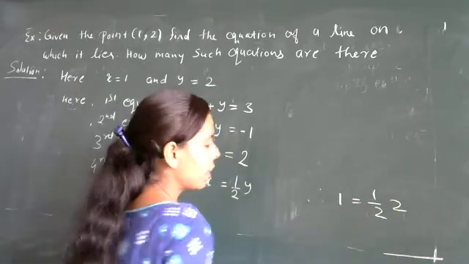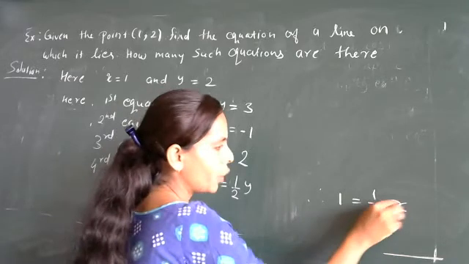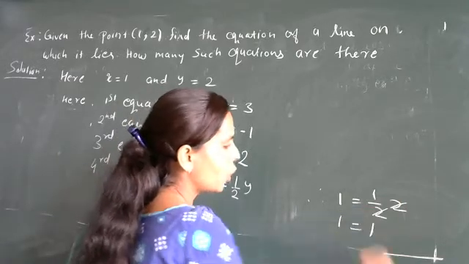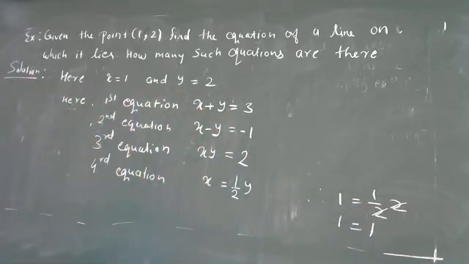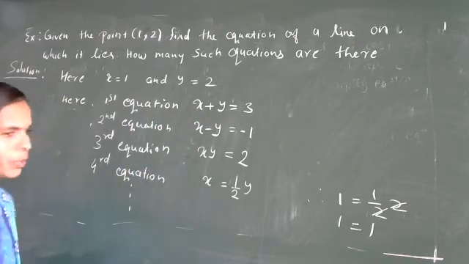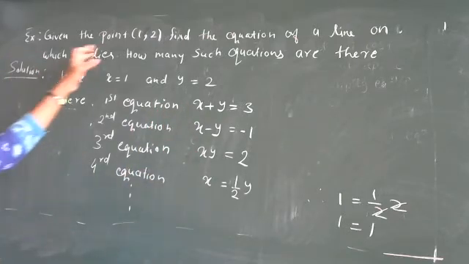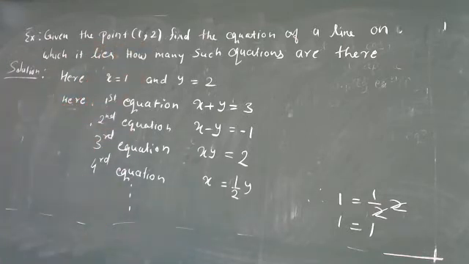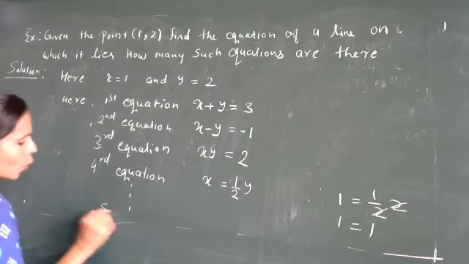If you take it in this way, 2 will get cancelled with 2 and we will remain with 1 is equal to 1. Means LHS is equal to RHS, and that's why we can write this equation also. And such many equations you can write. So here how many equations can we say? Infinitely many equations. So on.